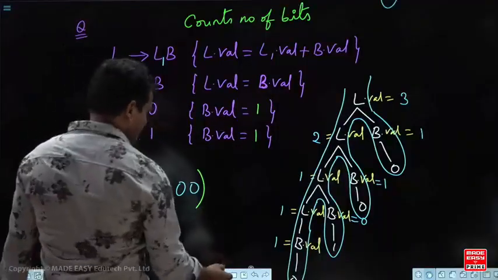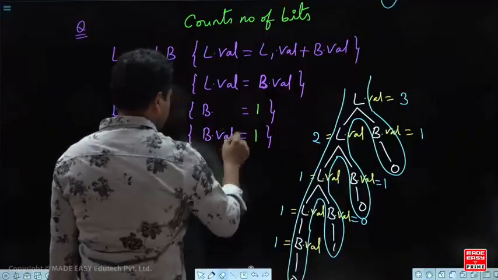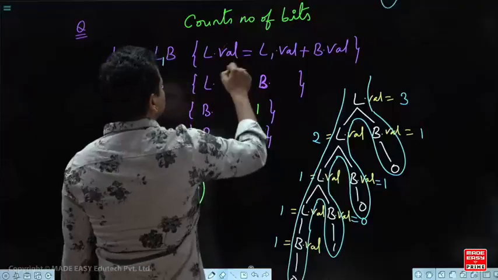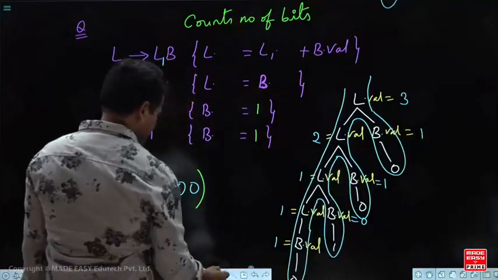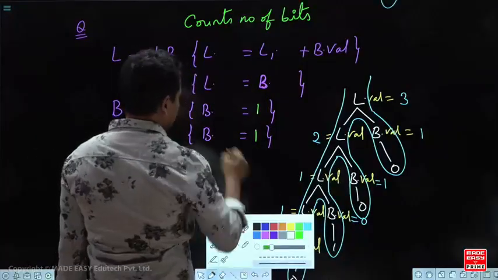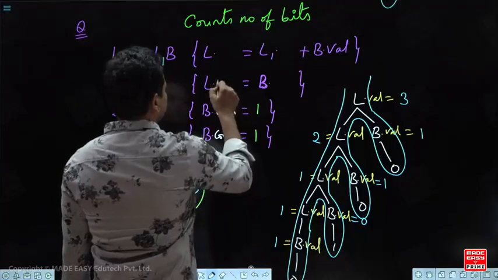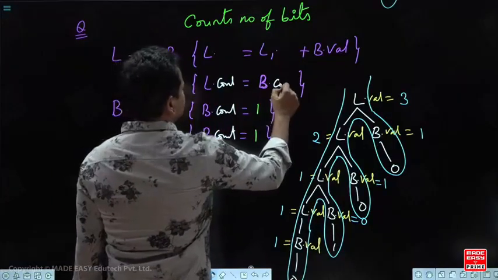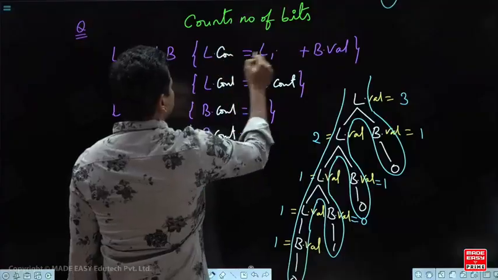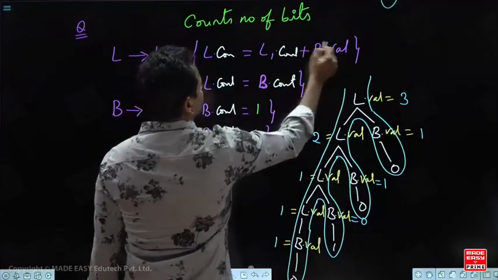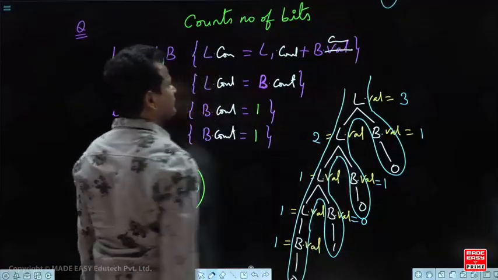Here, instead of value, better I write the count, then you don't get any doubt. L dot count equals B dot count.